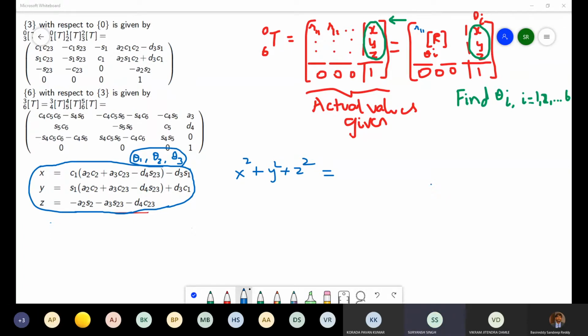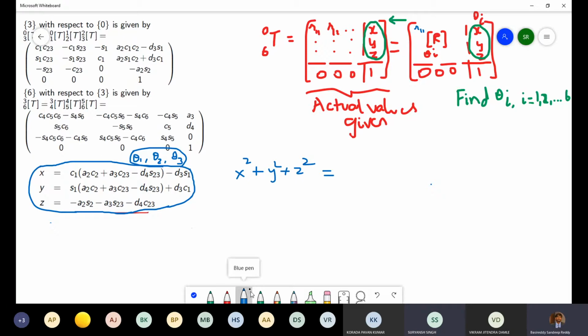Sir, it will result in d3 square plus a2 square plus a3 square plus d4 square plus 2 a2 a3 c3. I mean, we will get theta 3.